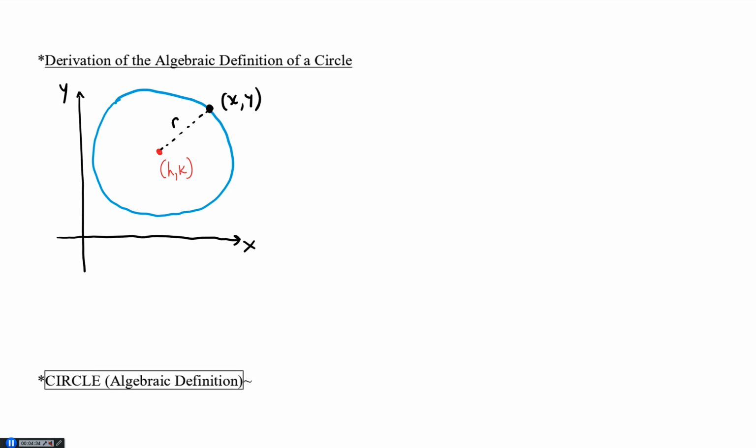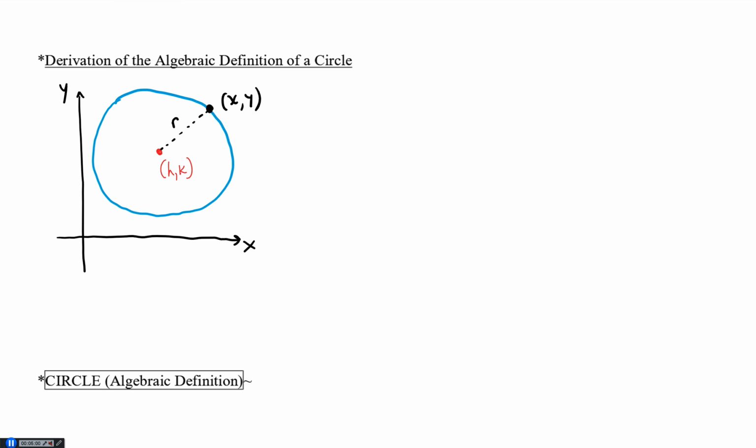So we're going to have (x, y) represent a generic point that is on the circle, and (h, k) be the specific point that is the center, and r will represent the specific distance for the radius for that circle. So we're just going to use the geometric definition and come up with an algebraic definition.